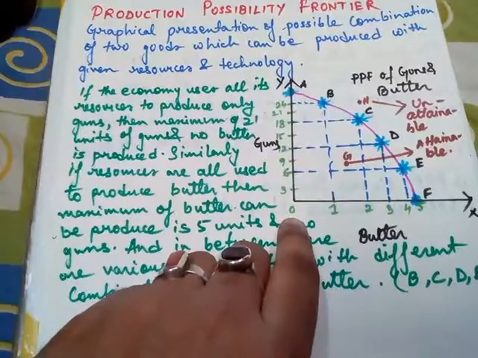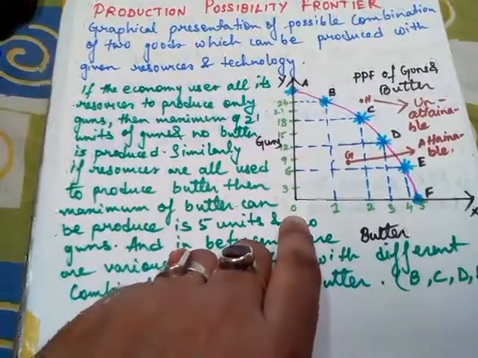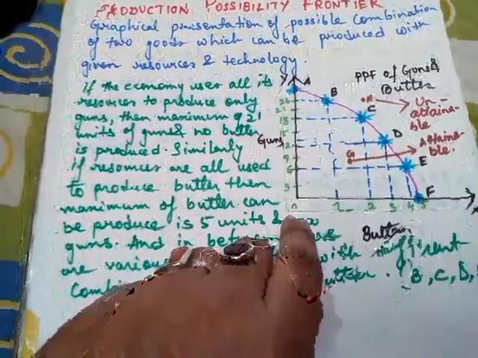Same thing you can do with the resources. If the situation is normal, you want to produce civil goods. Bread and butter come under civil goods, as I told yesterday in the central problem. You want to produce butter with the maximum of the resources in your hand, with that limited resource. The maximum butter you can produce is 5 units and 0 units of gun.